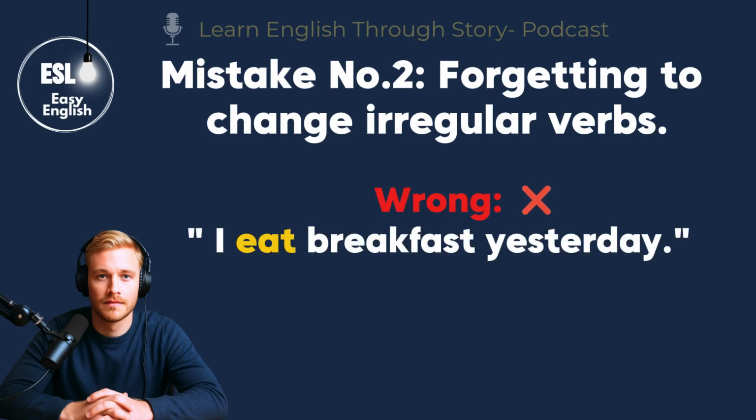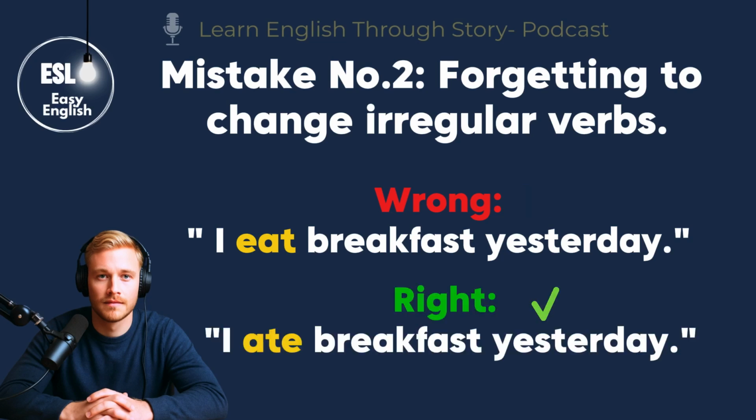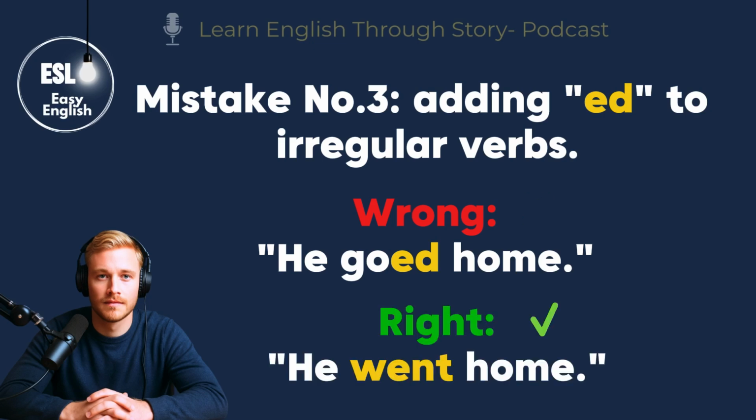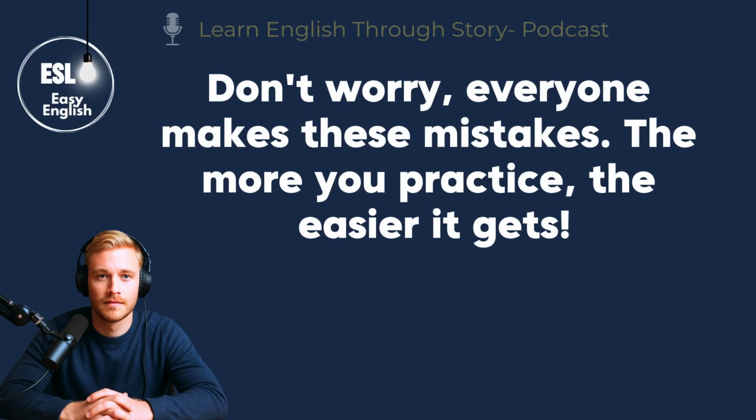Wrong: I eat breakfast yesterday. Right: I ate breakfast yesterday. Mistake number 3, adding ed to irregular verbs. Wrong: He goed home. Right: He went home. Don't worry. Everyone makes these mistakes. The more you practice, the easier it gets.